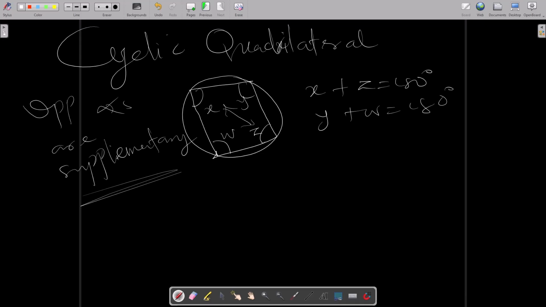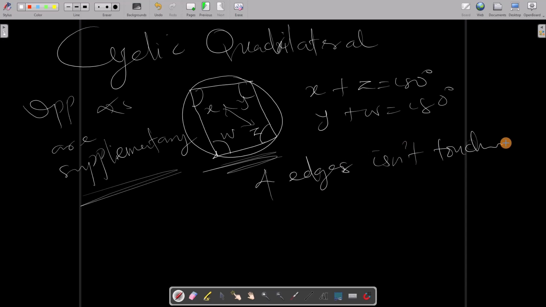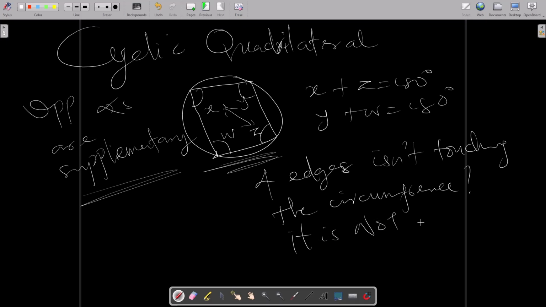So that is the angle in a cyclic quadrilateral. Now notice this. If the four edges aren't touching the circumference, it is not a cyclic quad.